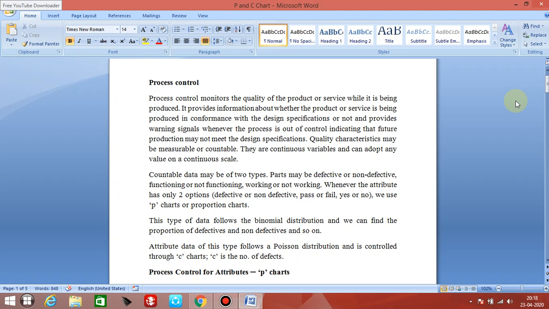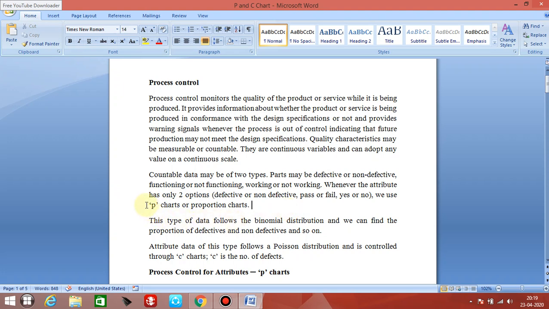Whenever the attribute has only two options, say for example defective or non-defective, pass or fail, yes or no, we use P charts or proportion charts.